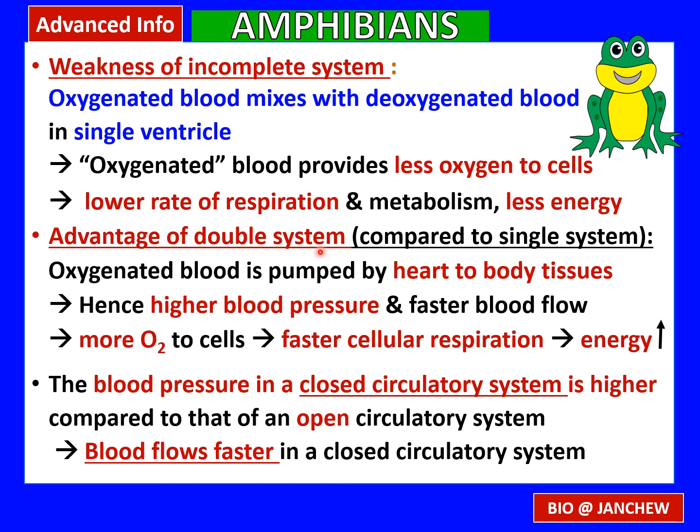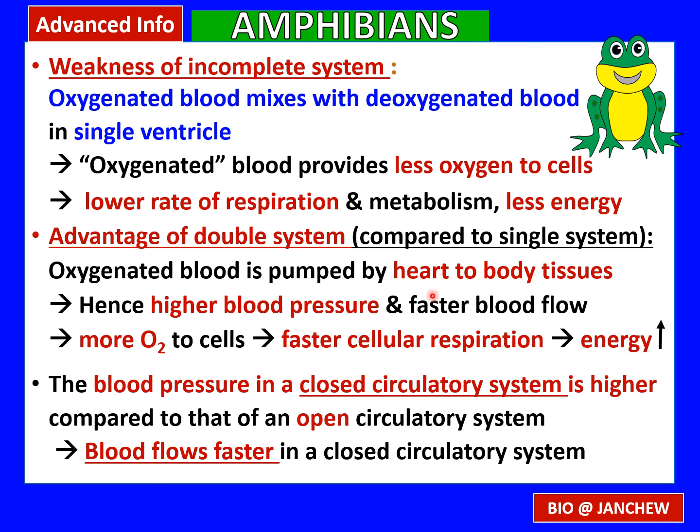However, the frog has two advantages. The first is that it has a double circulatory system, where oxygenated blood that flows back from the lungs and skin flows to the heart again, the second time, so that it is pumped under higher pressure by the single ventricle to the body tissues.